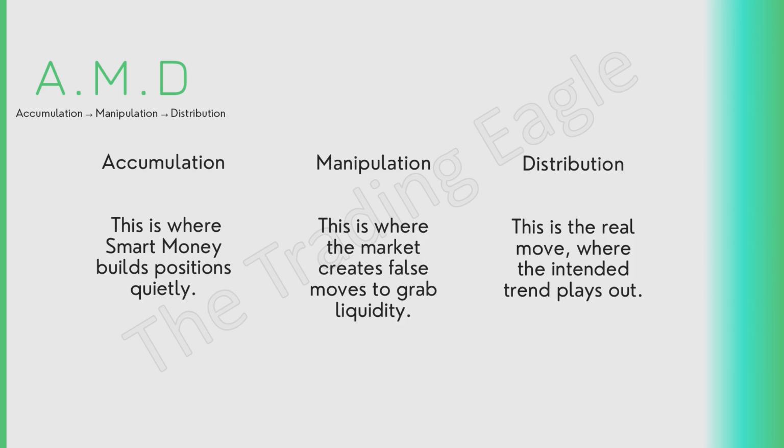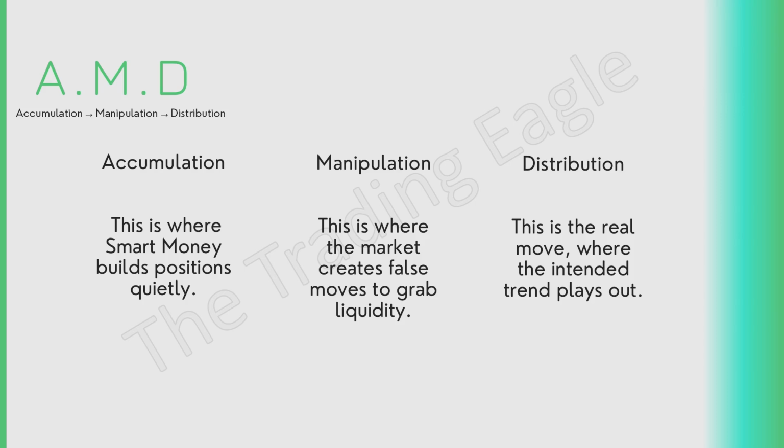As said earlier in my previous videos, the market makers don't just jump into the market, they prepare the ground, and they use AMD to do that. Accumulation is where smart money builds positions quietly, and then the manipulation stage is where markets create false moves to grab liquidity and to trick retail traders into the market.